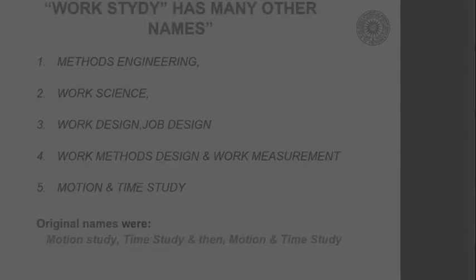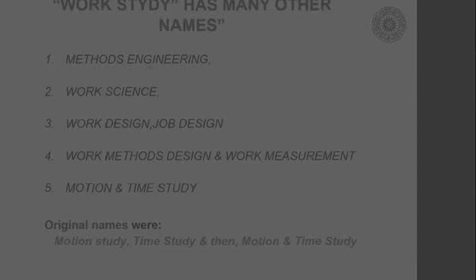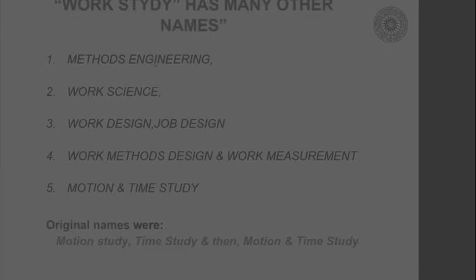Work study has many names. It is known by other terms also. Out of these, the most important are given here. First is methods engineering, or work science, or work design and job design, work methods design and measurement of work, or we call it work measurement, and motion and time study.